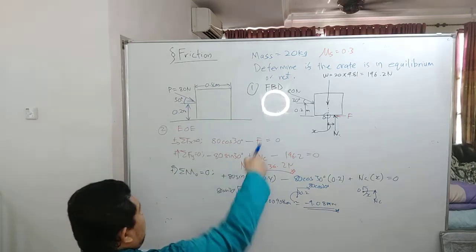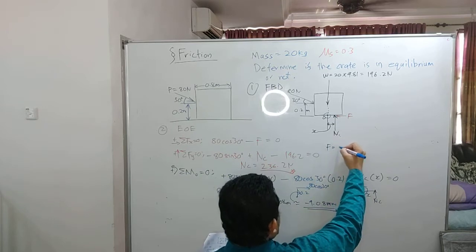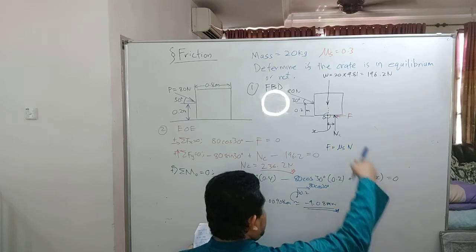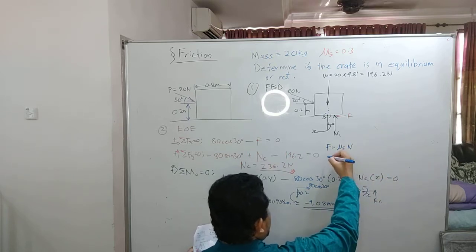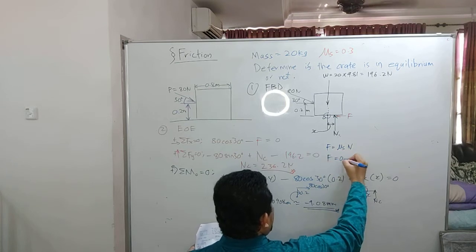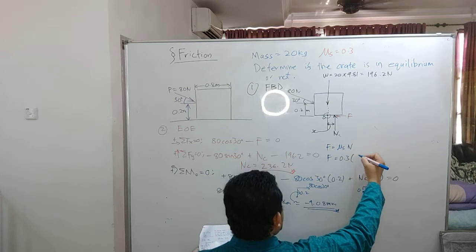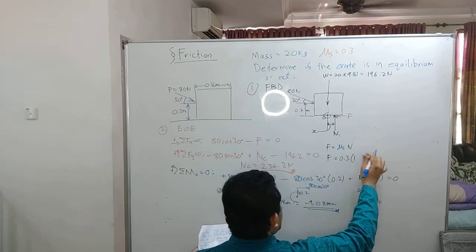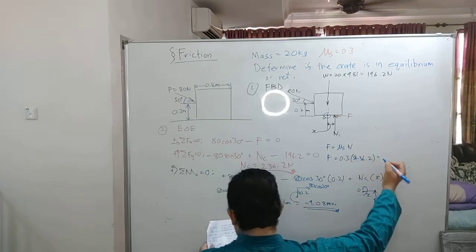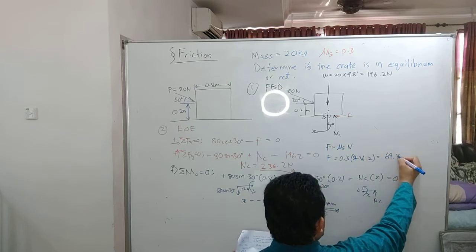Okay, so F should be like this. F is equivalent to mu S N. If you insert all the values over here, you have 0.3, and N is 236.2. Then you should get 69.3 Newton.